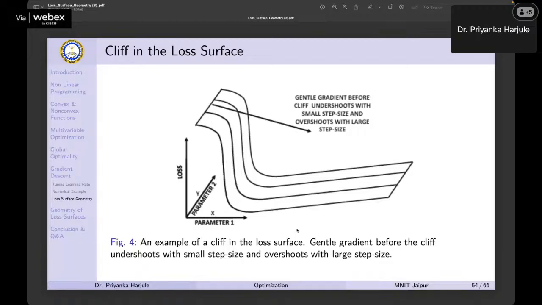There are several computational solutions directly or indirectly making use of the second order derivative, which contains more information about the loss surface to account for the curvature. Cliffs clearly are not desirable because they manifest a certain level of instability in the loss function.